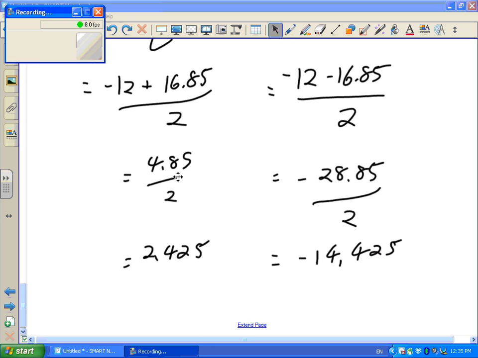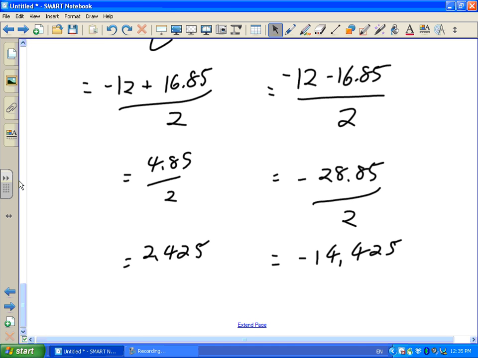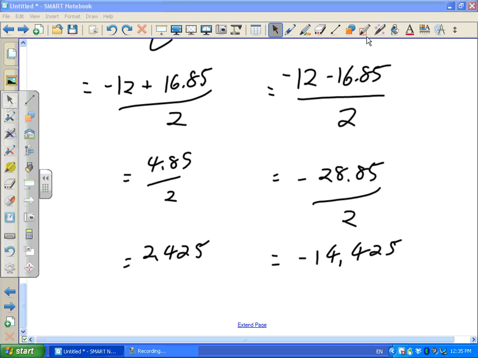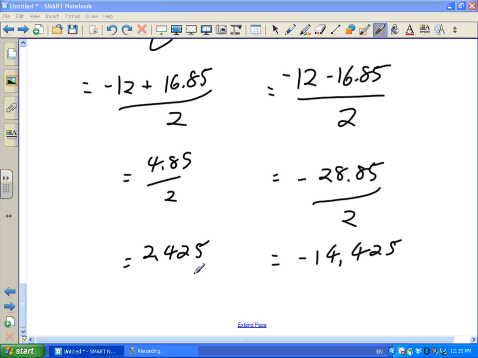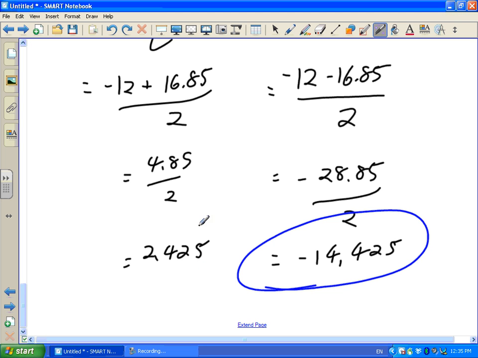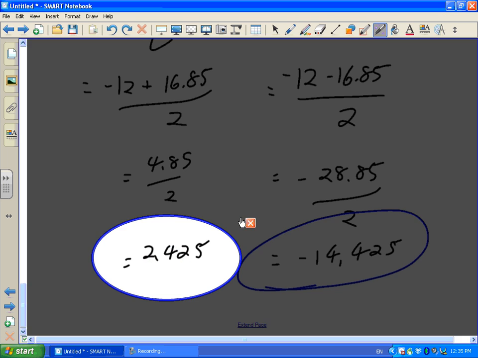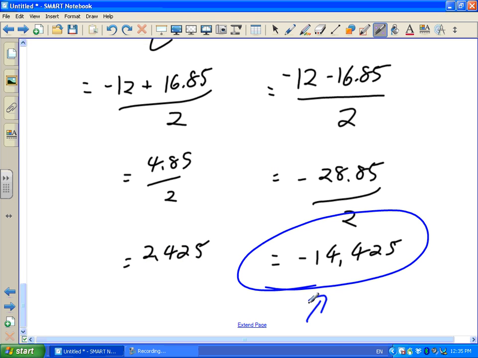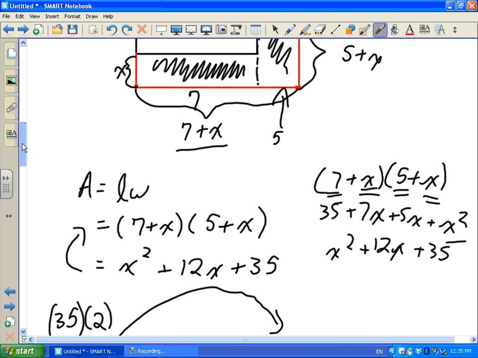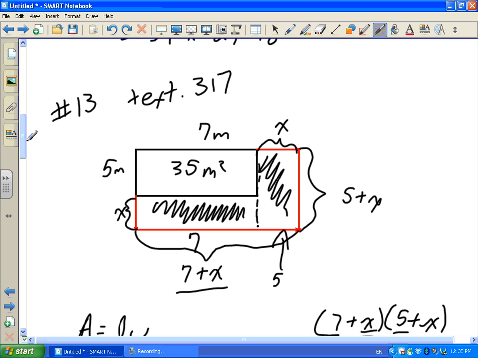Okay, what do we got for time? All right, listen up, guys. Here's the very important part. We have two answers. I have negative 14 and positive 2. Let's talk about negative 14. Can I add negative 14 of something to a fence?